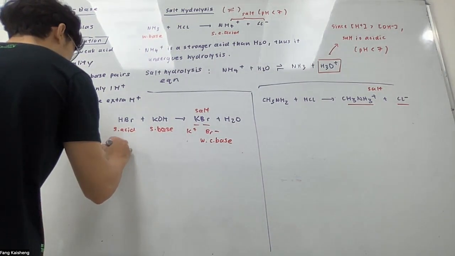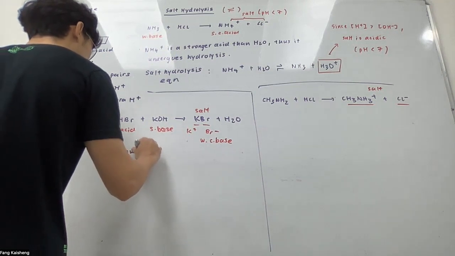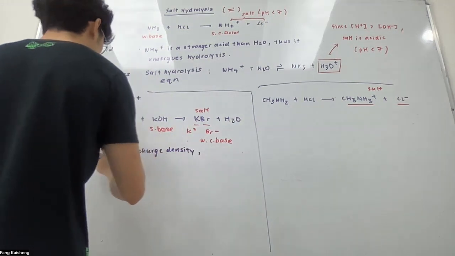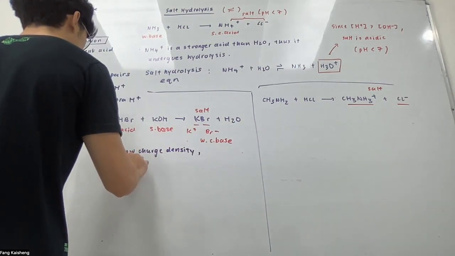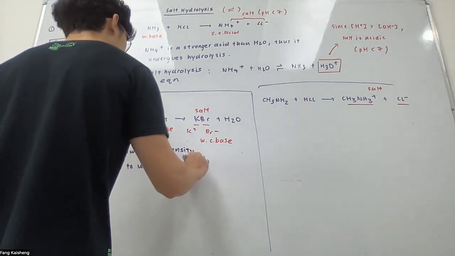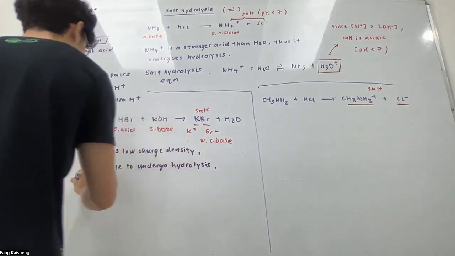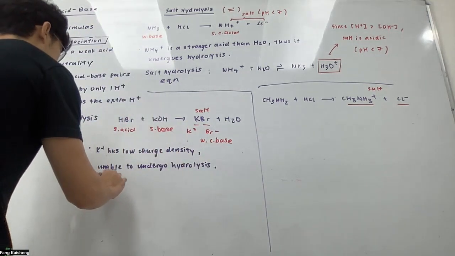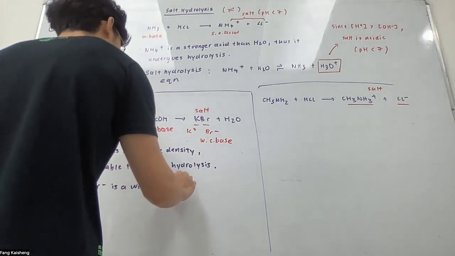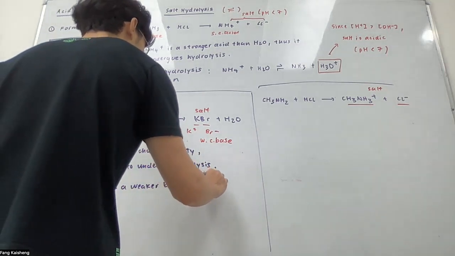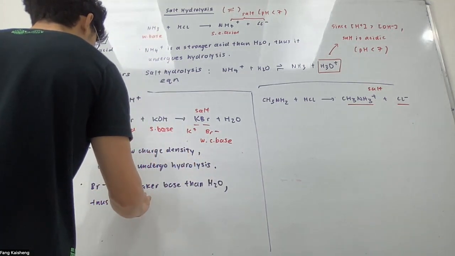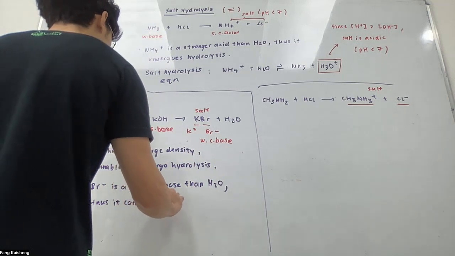K+ has low charge density, unable to undergo hydrolysis. Next, Br− is a weaker base than water, so it can't force any reaction forwards. So you can just go straight to telling me, thus it cannot undergo hydrolysis.